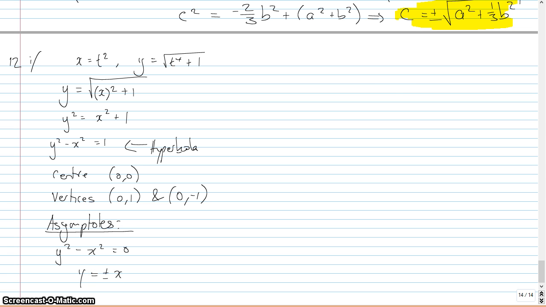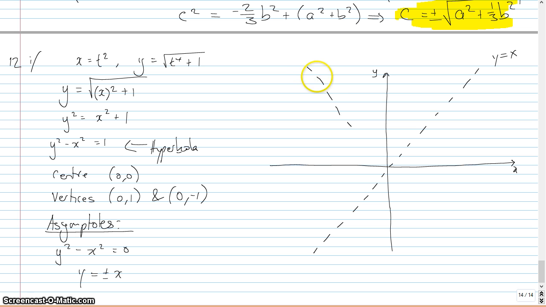So what will this one look like? Please forgive me, this is going to be a little bit messy. I think you're used to it by now. X, y. So I need to have my first asymptote, y equals x. Another one, it's not so nice, but oh well. Y equals negative x.